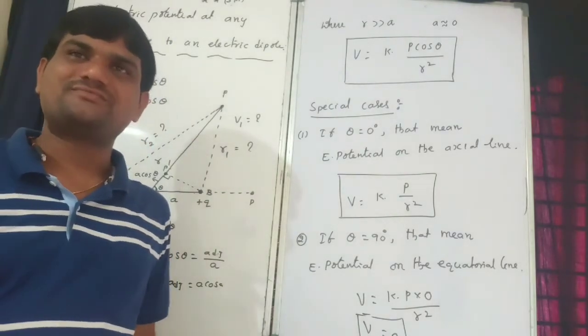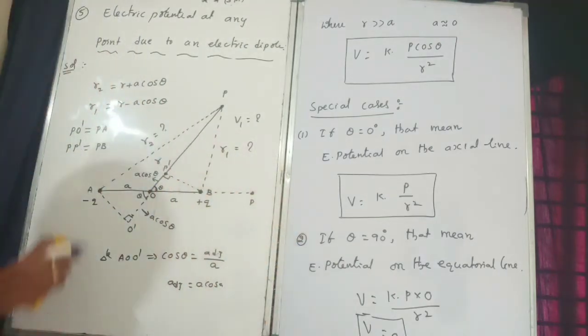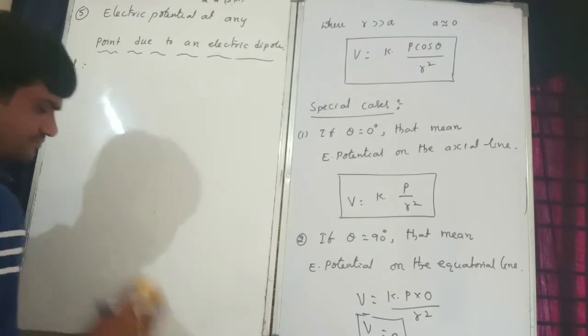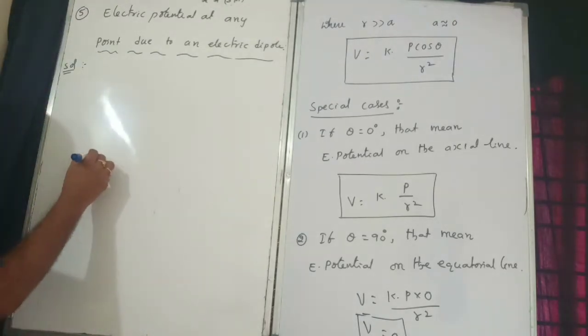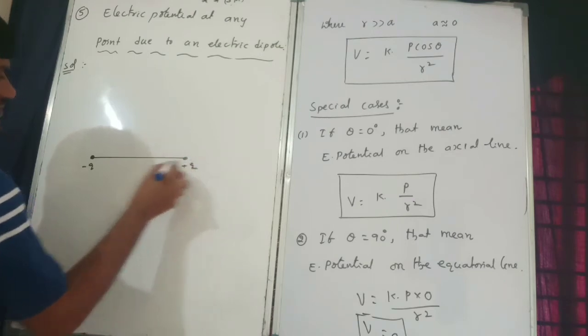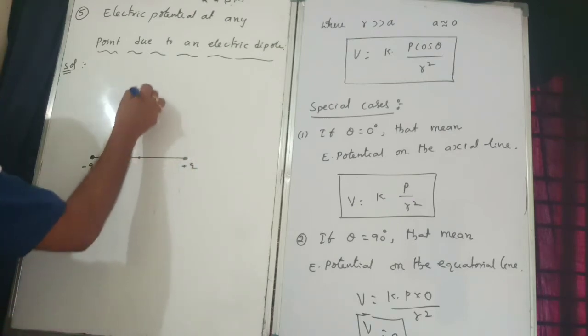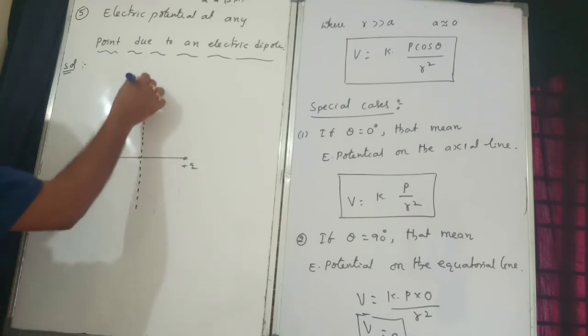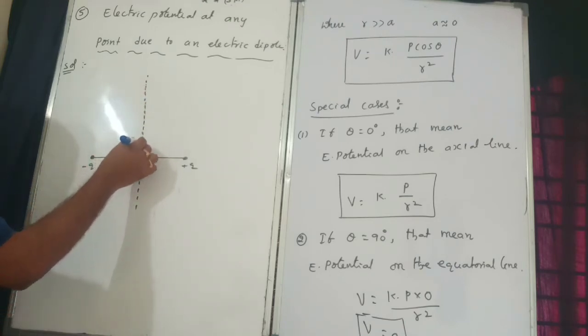How is it 0? That one also I will show you. For example, if I have an electric dipole here, with minus Q and plus Q, now this is exactly the bisector point, the equatorial line.